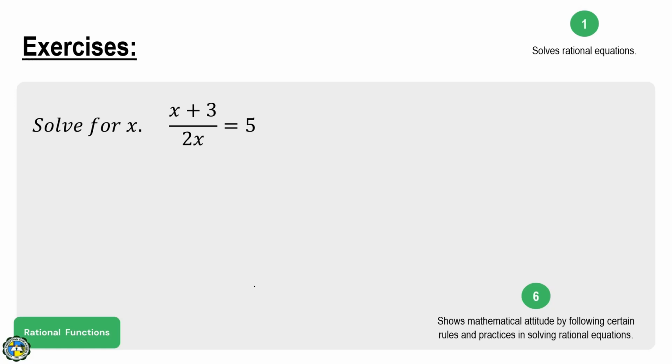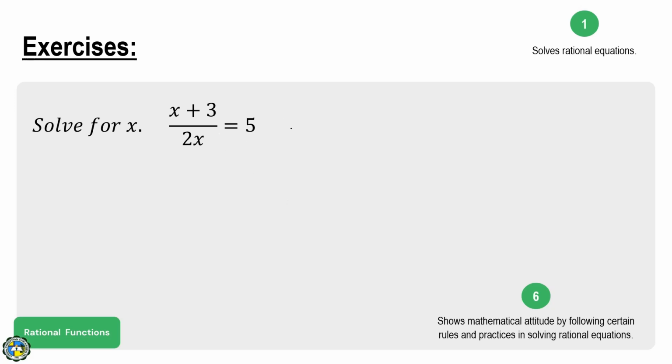Let's say x plus 3 all over 2x equals 5. I'll give you a minute to answer that. Okay, maybe we can post it and then proceed to the solution. Let's continue.